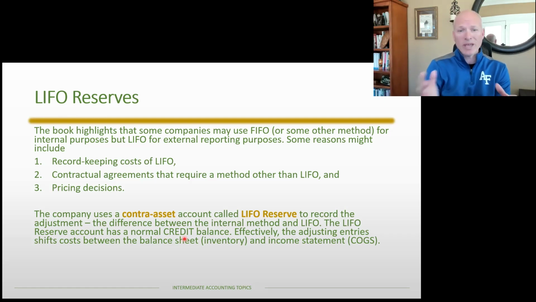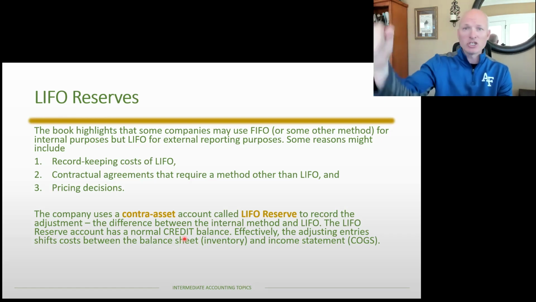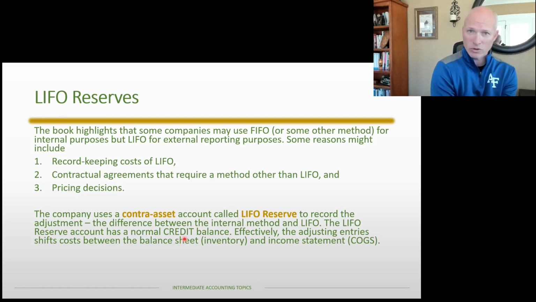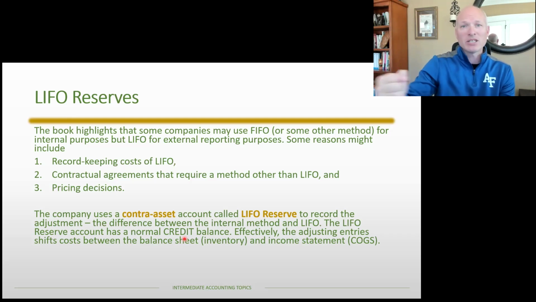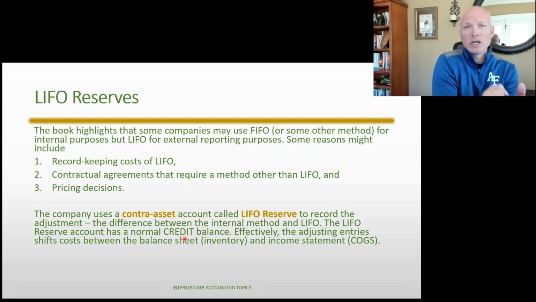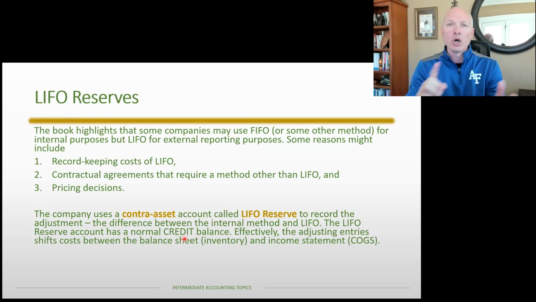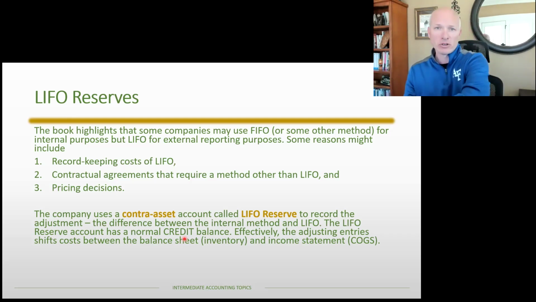And so essentially we create this additional account so that we don't touch our inventory account. We're still going to use that internally. But now we're going to create this contra asset account that adjusts the inventory so that it looks like LIFO when we report it externally.